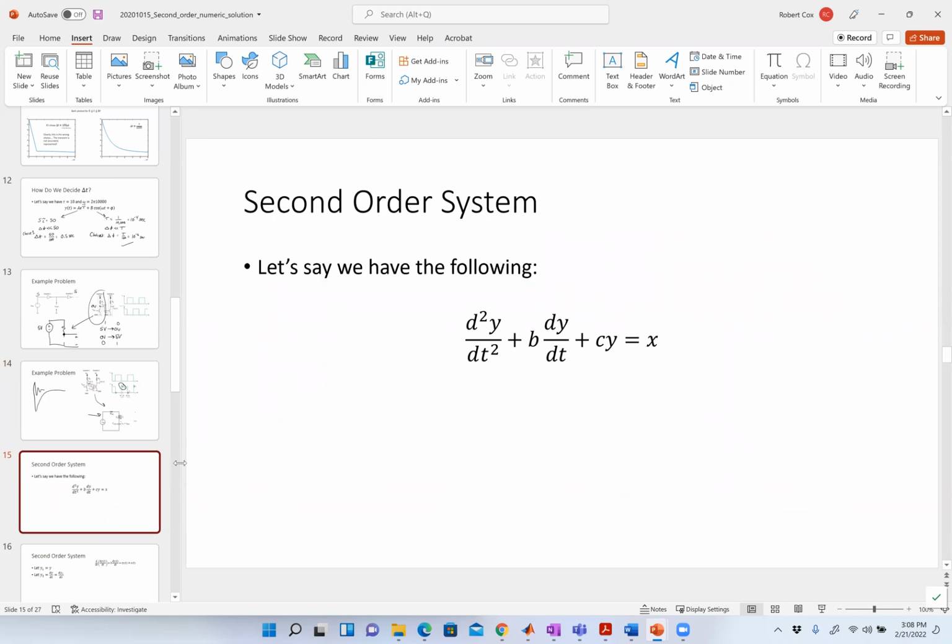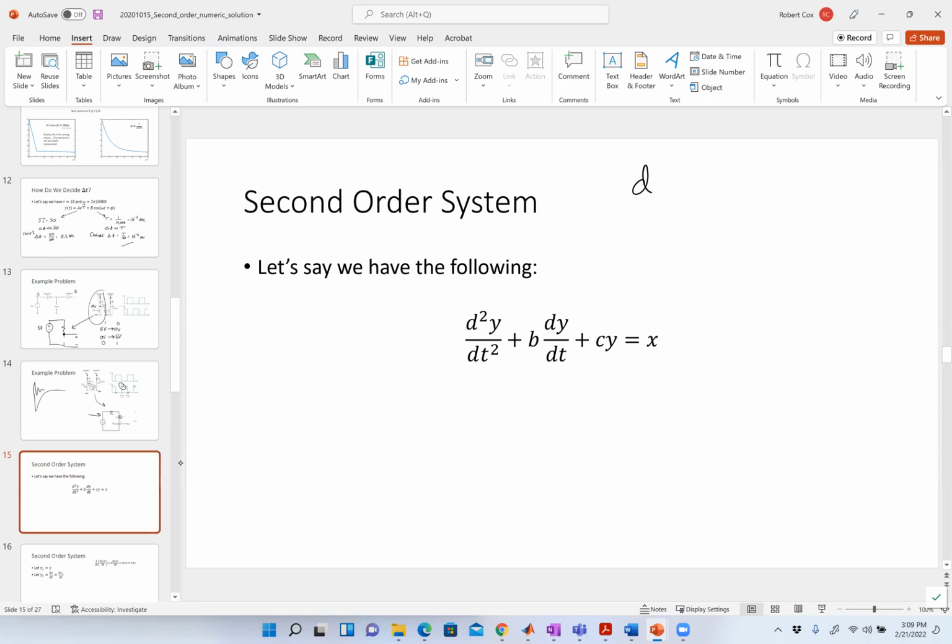All right, so back to our second order thing. Now I want to take my second order thing and turn that into something that I can solve numerically. So this is our general form where x is my input. If I'm looking at this particular system right here, how should I try to get this numeric? What do we know?